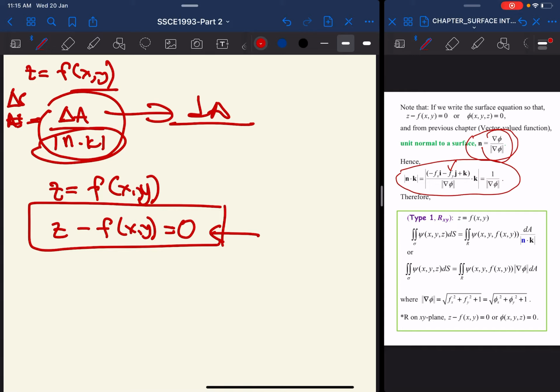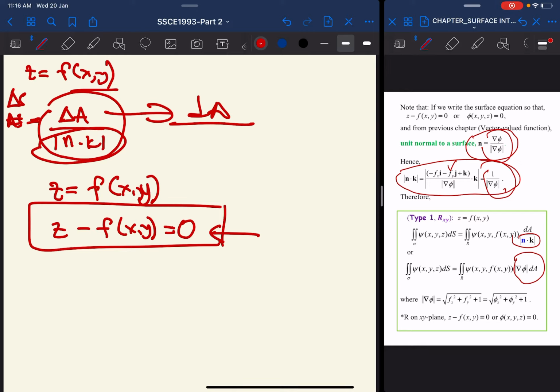Then if we apply the dot product, this is the remaining term for the magnitude of n dot k here. Since ds is equal to the change of A divided by n dot k, we can rewrite it in this form. That is the idea.